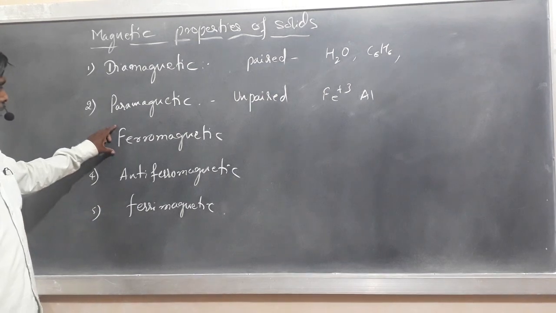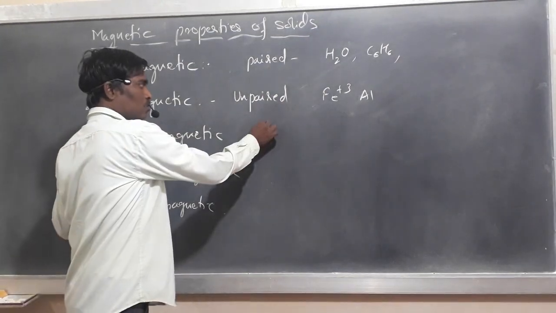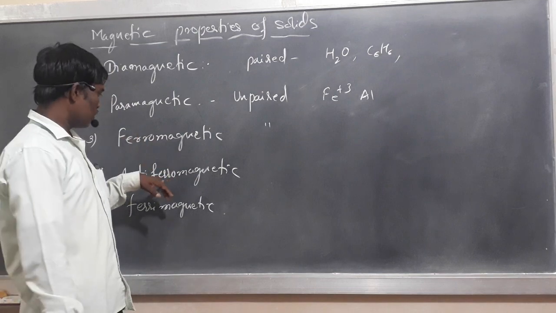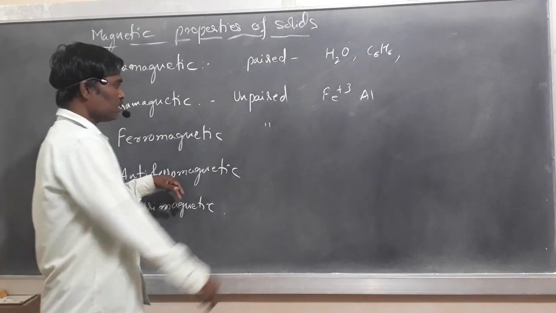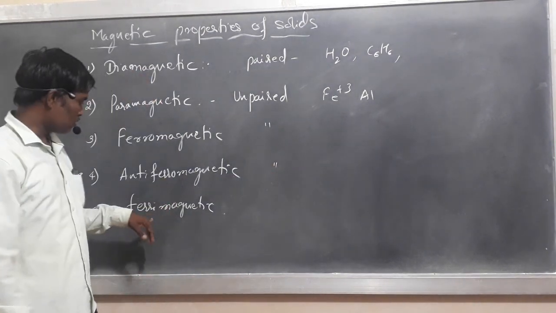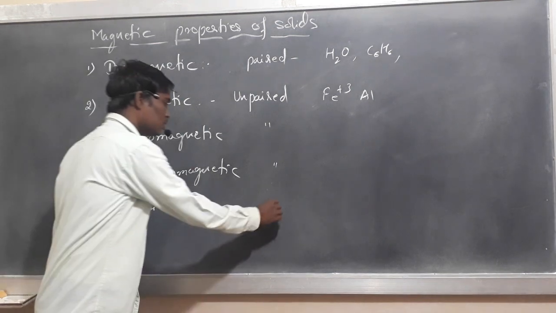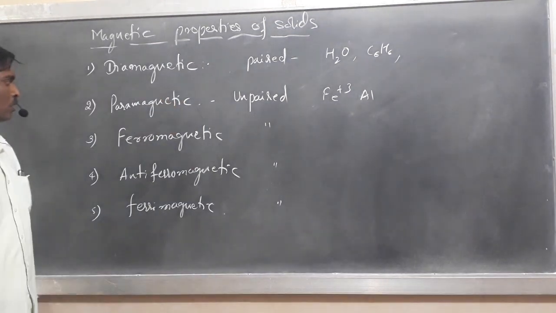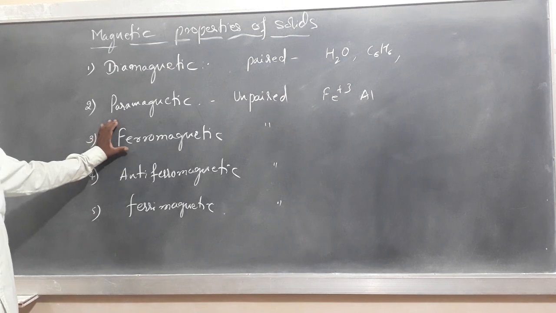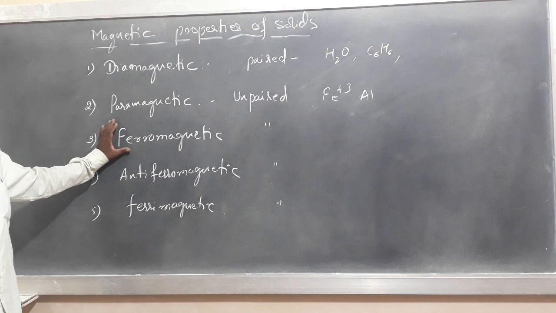Here, ferromagnetic substances also contain unpaired electrons. Antiferromagnetic substances also contain unpaired electrons. Ferrimagnetic substances also contain unpaired electrons. But ferromagnetic substances are the ones which show an enhanced magnetic moment.